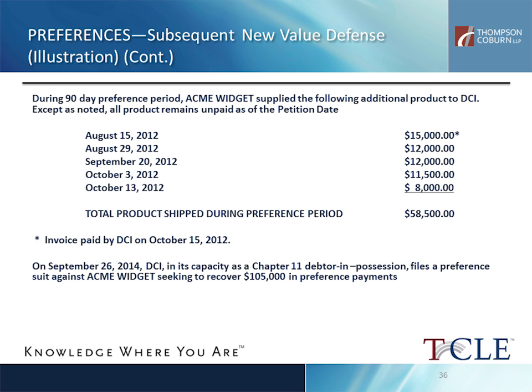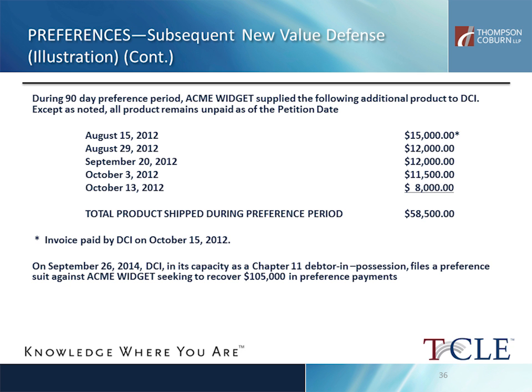So I think the first reaction of most clients is, well, can I just simply subtract the $58,500 of new goods that I supplied against the $105,000 in preferential payments that I received and come out with a net preference exposure of, I think if you do the math, $46,500.